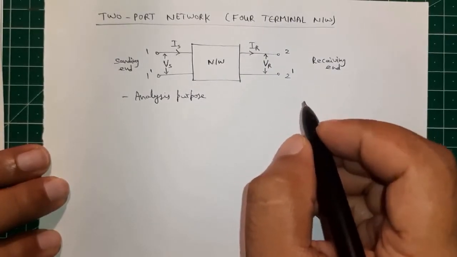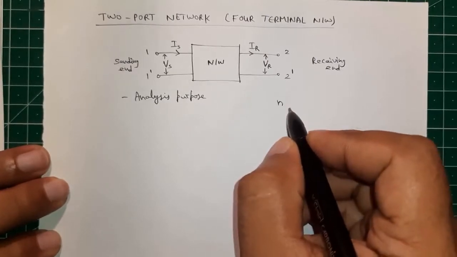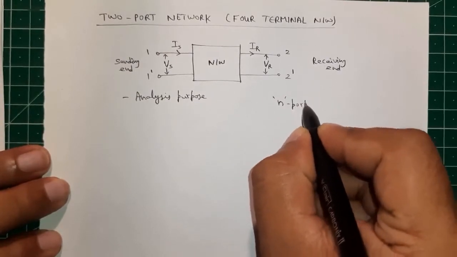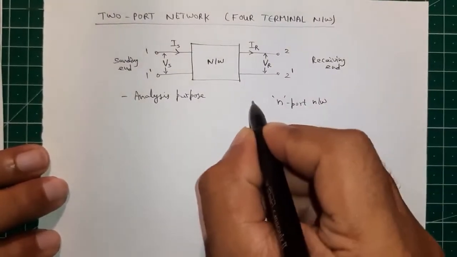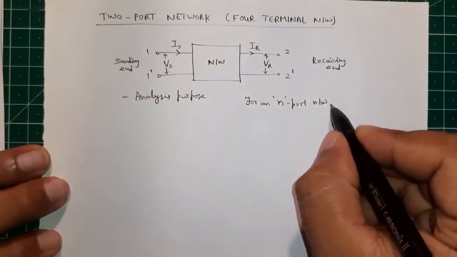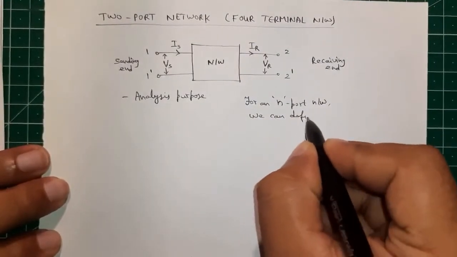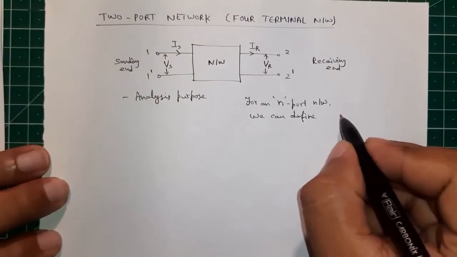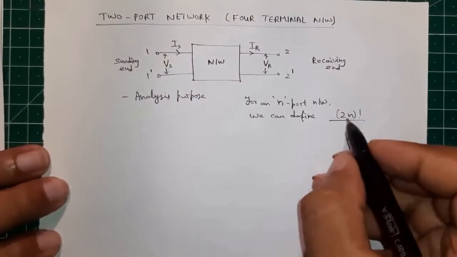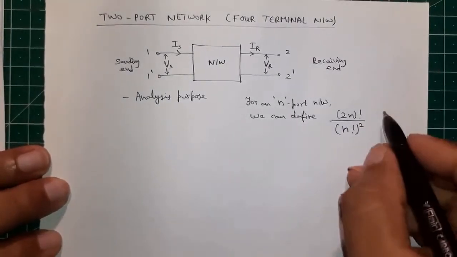For example, if there are n number of ports, for an n-port network, we can define (2n)! upon (n!)² number of parameters.